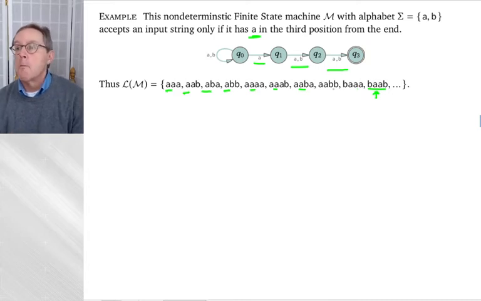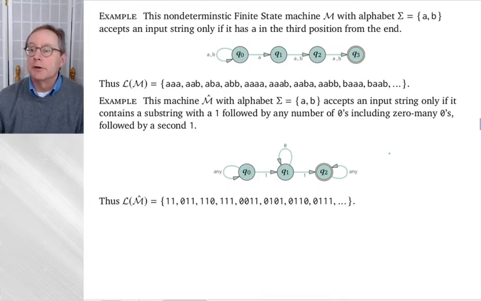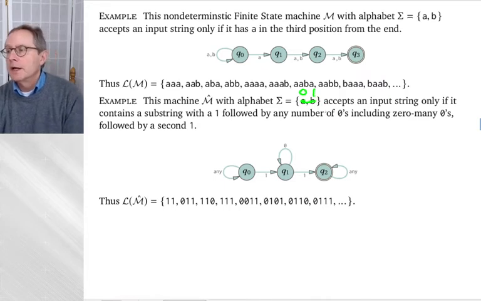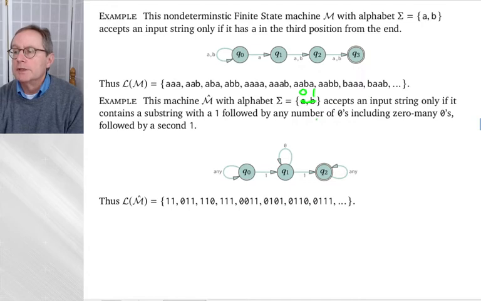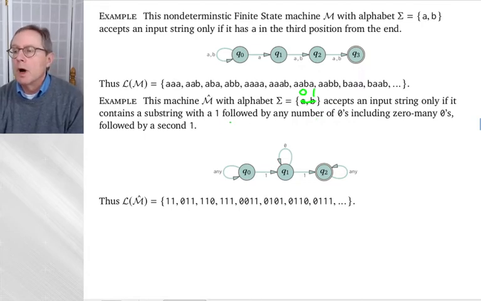Okay. Here's a machine with alphabet, oops, I typed the wrong alphabet. I'm sorry about that. So the machine with alphabet 0, 1, that accepts an input string only if it contains a substring with a 1, followed by any number of zeros, followed by a second 1.